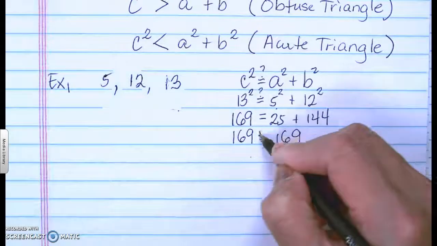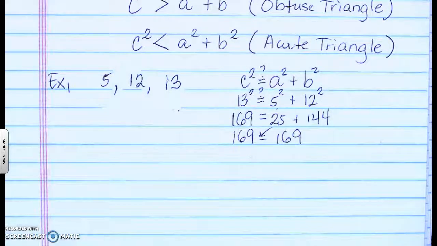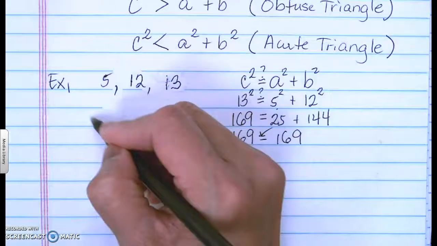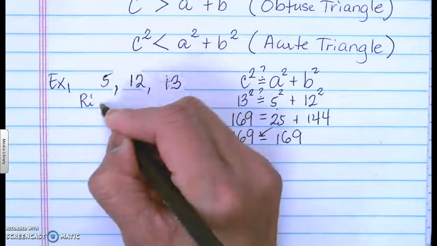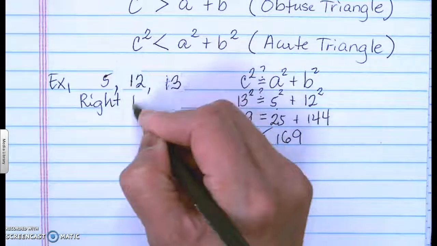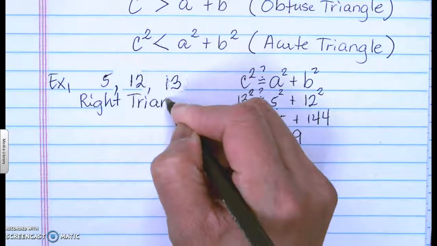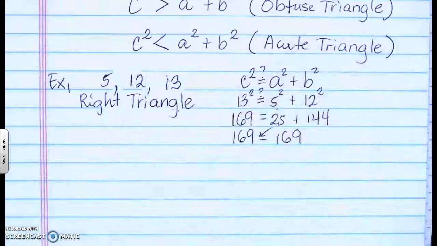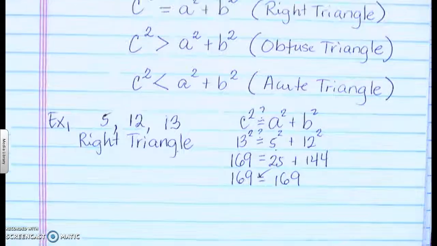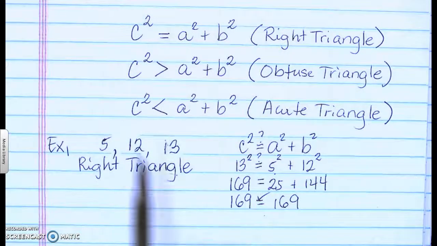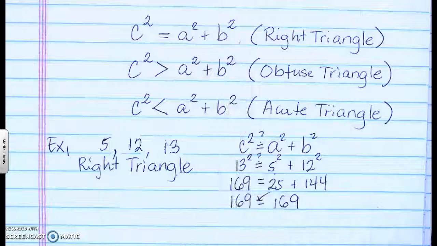Okay, that's spot on. Therefore, this is a right triangle. And once again, let's go back to our equations. We said that if c squared is equal to a squared plus b squared, then it's a right triangle. So that is a right triangle right there.